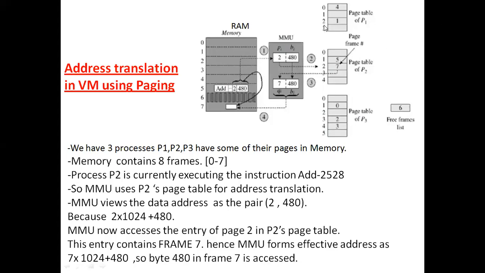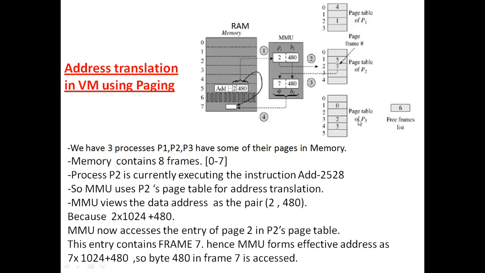3 processes, where some of the pages are already present in the memory. Say, for example, the second page of process P1 is present in which frame of memory? Frame number 1. Similarly, the second page of process P2 is present in the 7th frame, and the first page of process P2 is present in which frame? 5th frame.